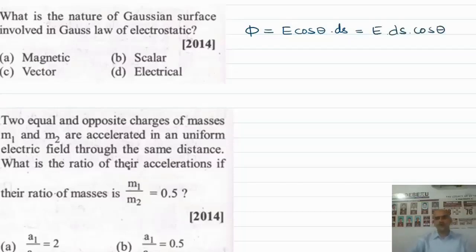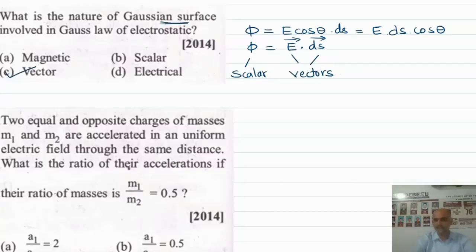So if we take dot product, dot product is given by E dot ds. So in dot product the result will be scalar. So flux is a scalar. These two will be vectors. So Gaussian surface means here ds. So it is a vector, means option C is the answer.